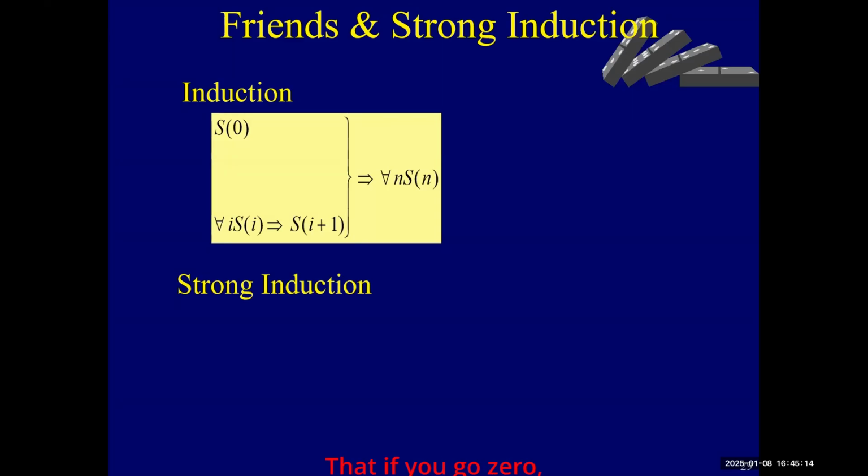That if you go 0, 1, 2, 3, 4, and if you keep doing that forever, at no point will you reach all the integers, because there's an infinite number of them. But for each integer, you will eventually get there. That's what we believe about integers. And induction is basically saying that. It says, if you start at 0 and you can always walk forward, you will eventually get everywhere.